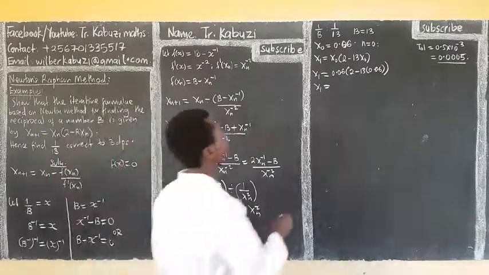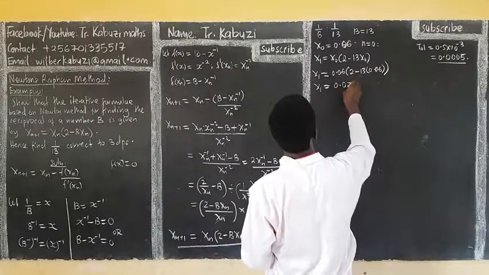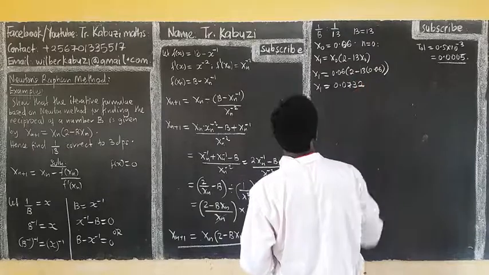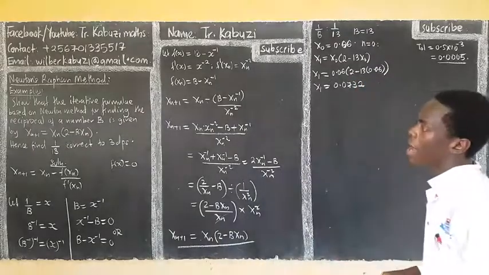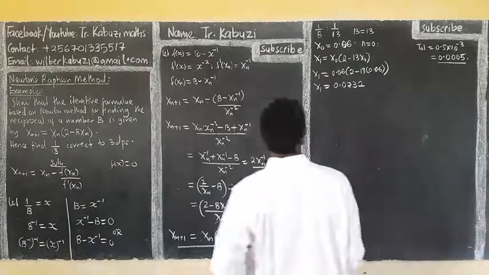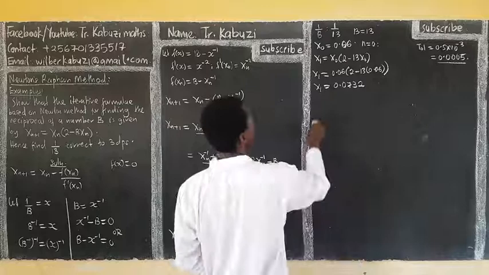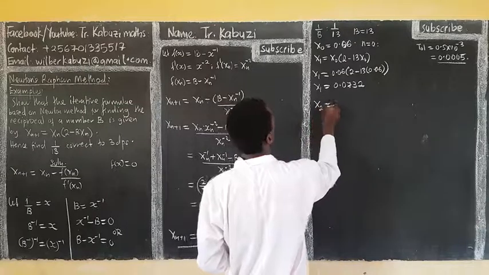So my first value here is 0.0732. We are giving 4 decimal places because our answer is needed to 3. And so the tolerance is still very small. If you get this minus this, you're going to get something less than this. So you come to x2.